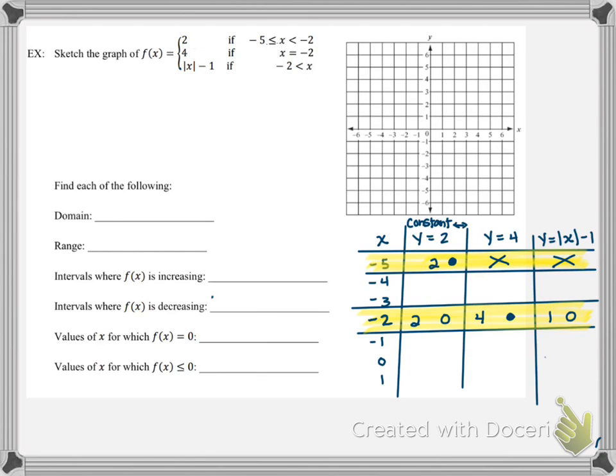So now we're going to fill in our points. Between -5 and -2, Ryan, which line should we use? Which one of those rules should we use? The first, second, or third? The first one, right? So if x is between -5 and -2, y is 2.